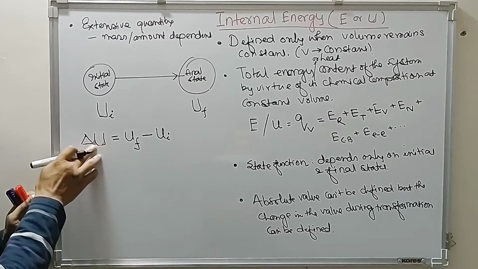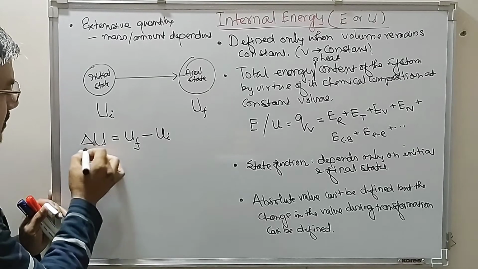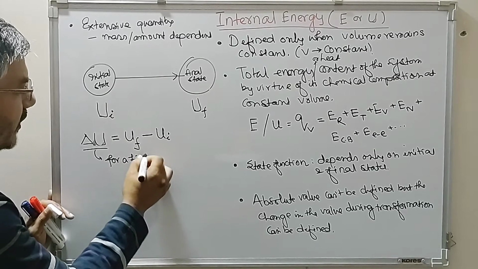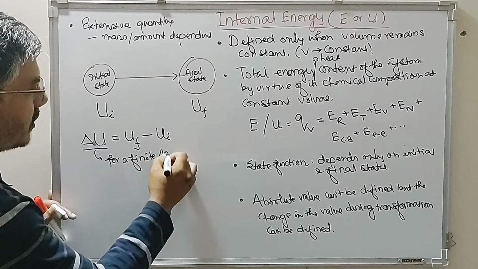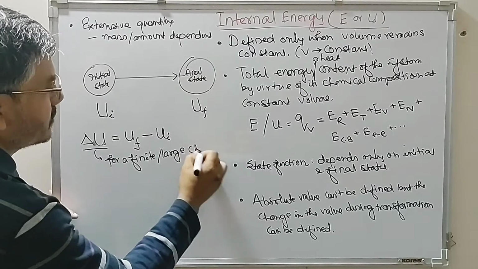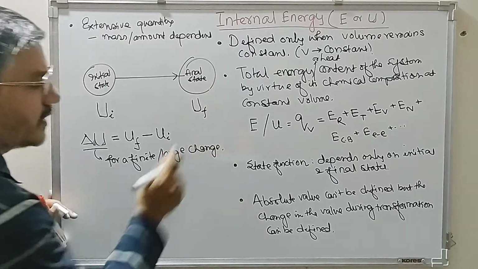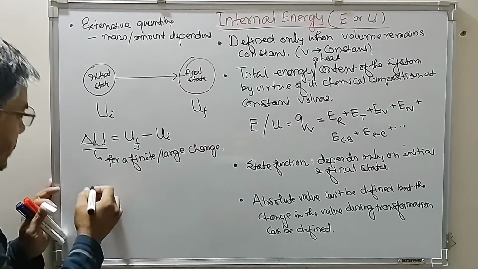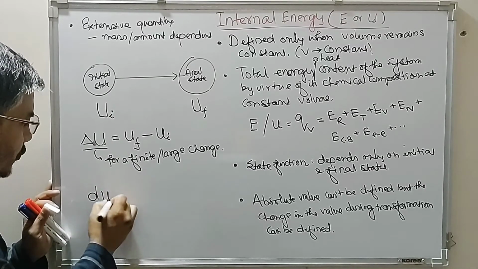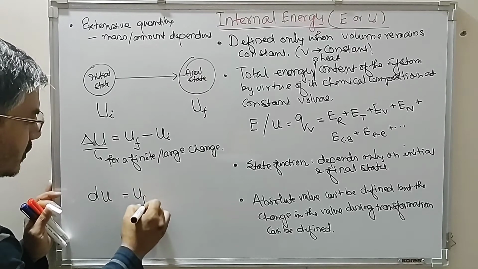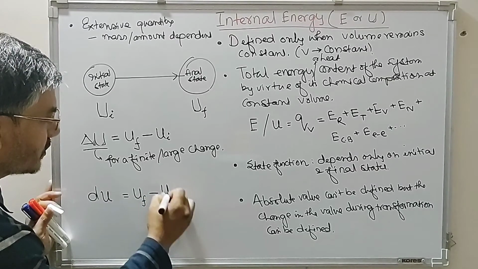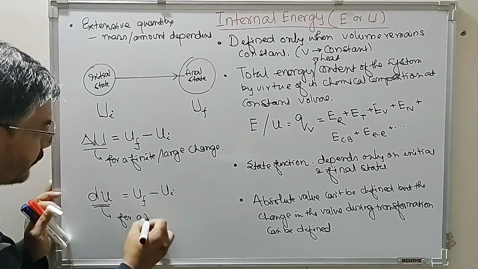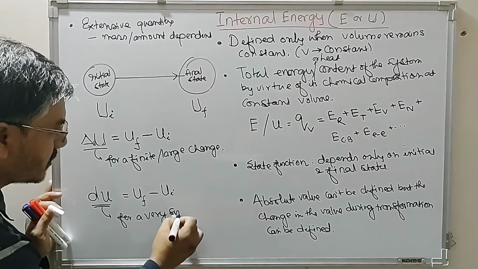So delta stands for change, for a finite or large change. If the change is infinitesimally small or very small, then we use the term dU equals Uf minus Ui for a very small change.